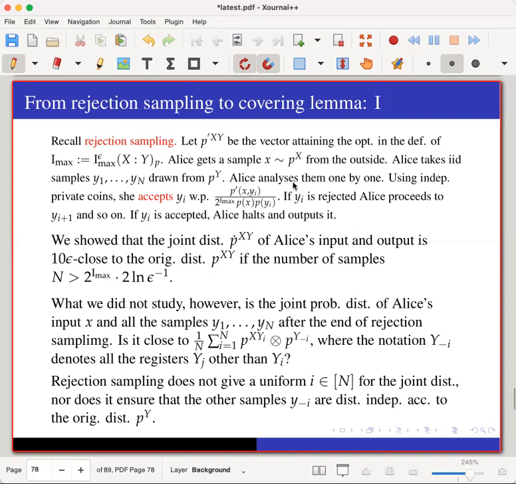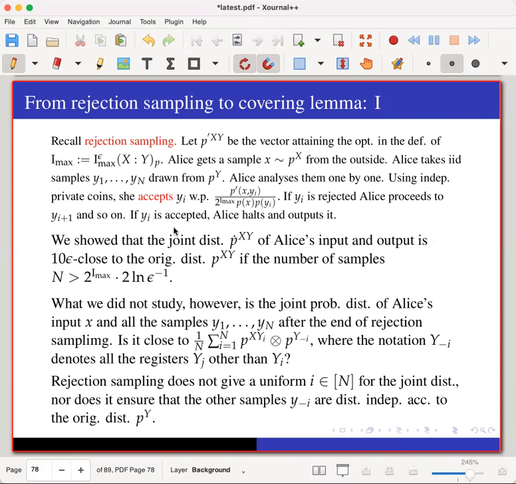Then Alice analyzed them one by one. With independent private coins, she accepted the ith sample Yi with this probability. And if Yi is rejected, Alice proceeds to Yi plus 1 and so on. If Yi is accepted, Alice halts and outputs i. Then Bob, who also had the public coin, looks at i and outputs Y. And that was the rejection sampling protocol in a nutshell.